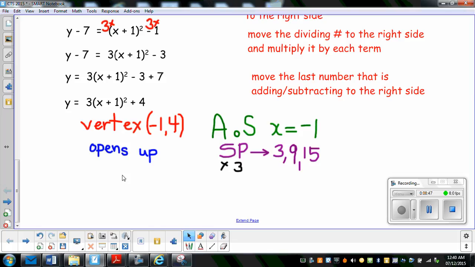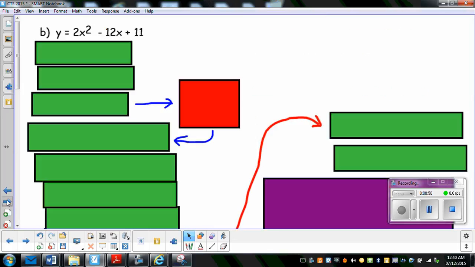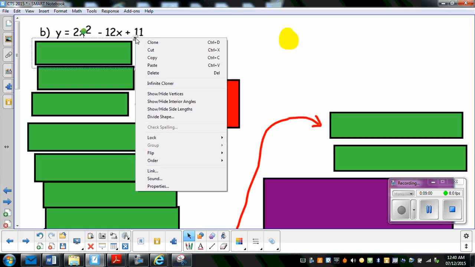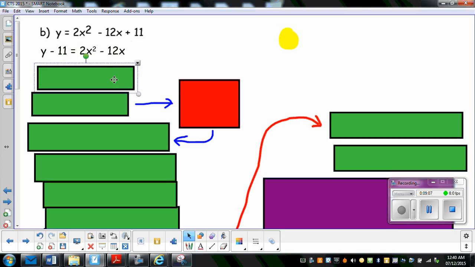Okay, so let's take a look at the next question. Same idea here, just more practice for us. So first step, if you remember what we did in the first example, I'm going to move that plus 11 to the other side and make it minus 11.